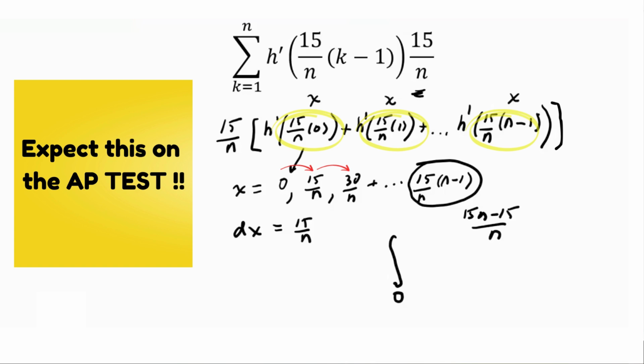Well, what would happen if you took the limit at infinity here? Well, if you took the limit at infinity here, this value would come out equal to 15. So that means my upper limit of integration would be 15. And then what's happening here is we have h prime x, and then our change in the interval is dx. So we have our answer.